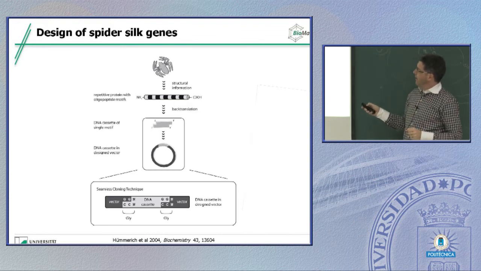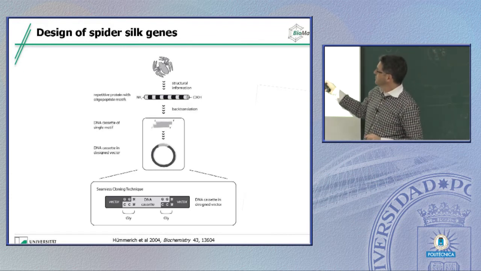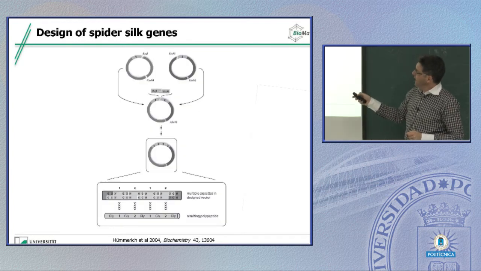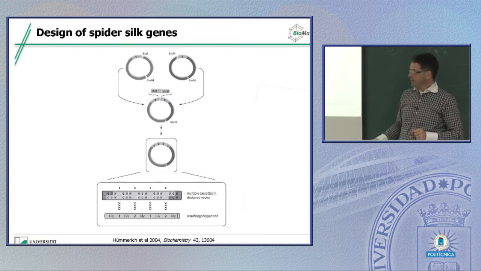Again, as an overview, we take the structural information or the sequence information from a spider. We have repetitive proteins with oligopeptide motifs that are repeated over time. We have termini. We do this back translation. We make small DNA cassettes with single motifs that we put in a designed vector.